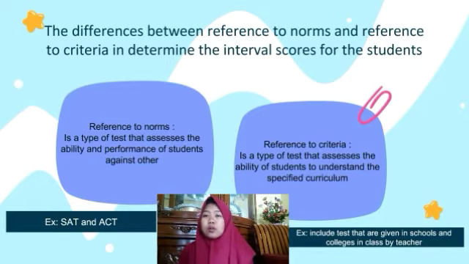Norm-referenced is a type of test that assesses the ability and performance of a student against others. It can also include groups of students against other groups of students. This is done to differentiate between high and low achievers.